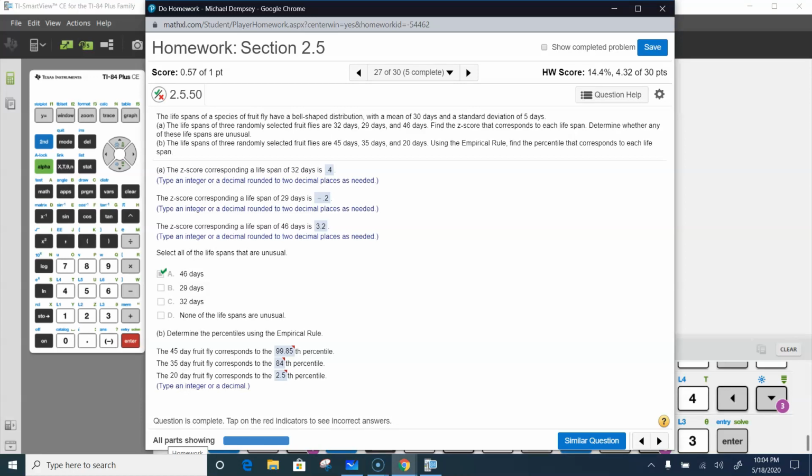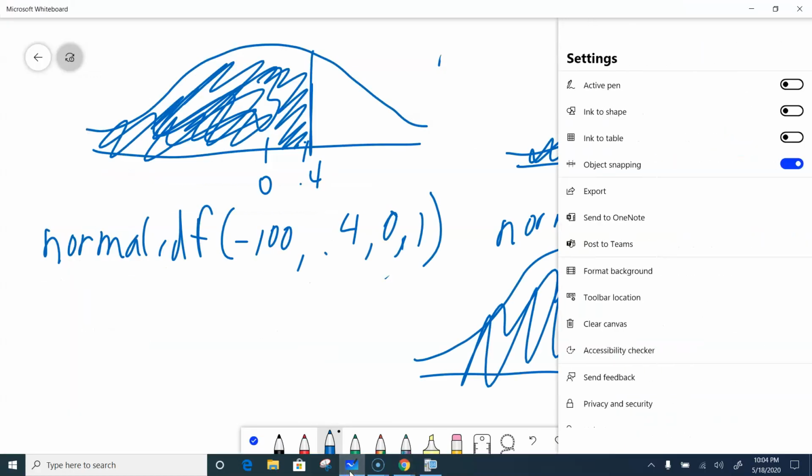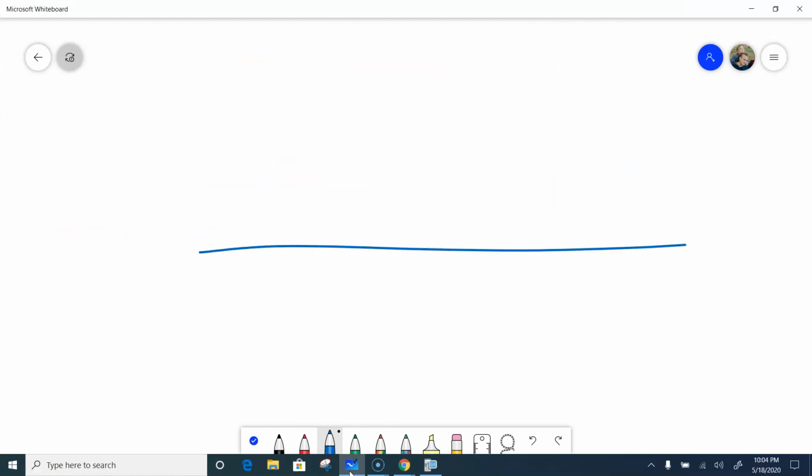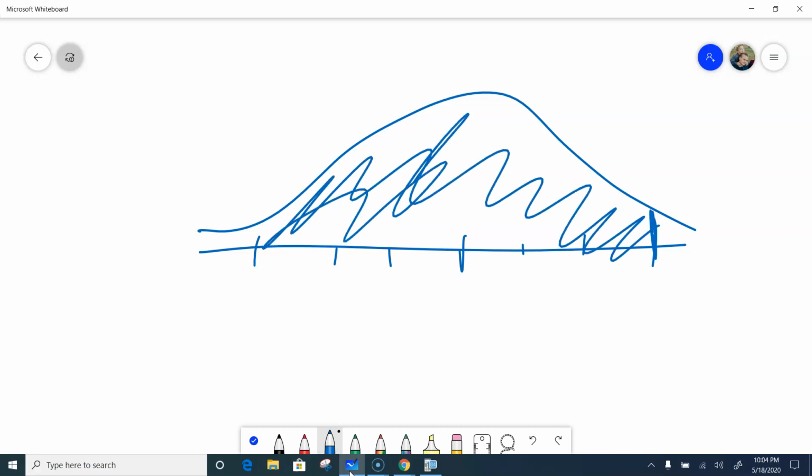45-day fruit fly. Right, he's 3 standard deviations above the mean. So what they want there, if you're 3 standard deviations above the mean, right, we know that we have 99.7% in between 3. So if you're living right here, what percentage is out here, right? It would be 100, right?